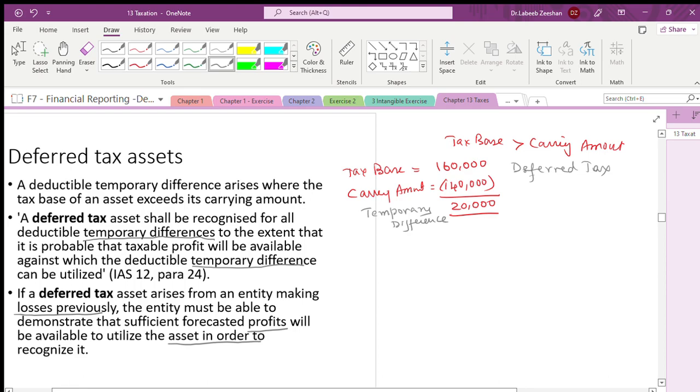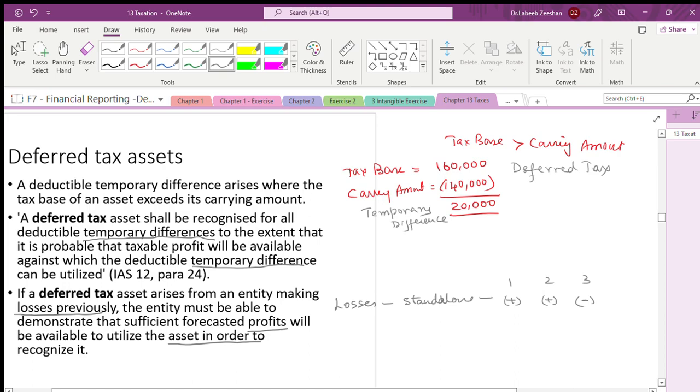We will not take the losses on a stand-alone basis. It means, you have 3 years, year 1, year 2 and year 3. Year 1 is profits, year 2 is profits, year 3 is losses.